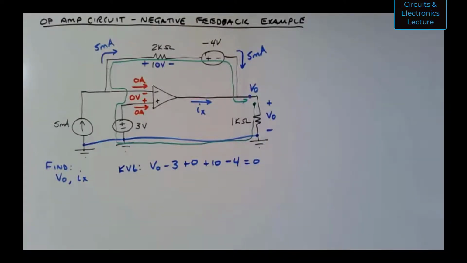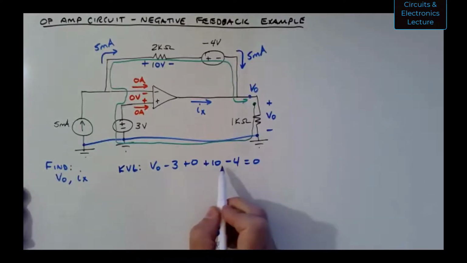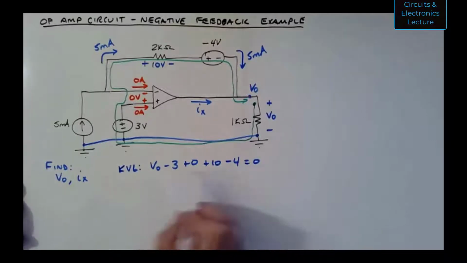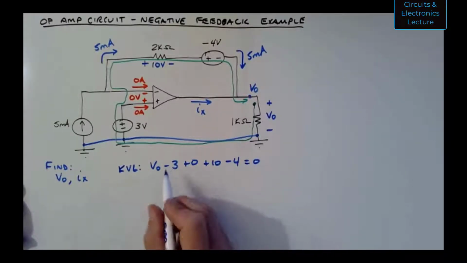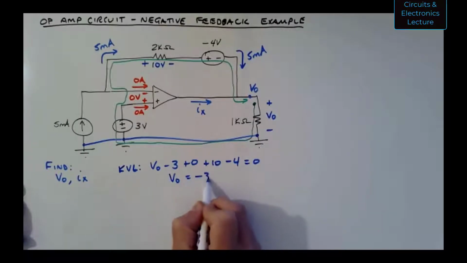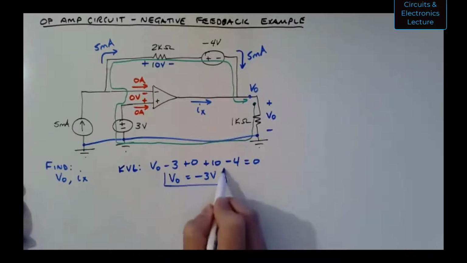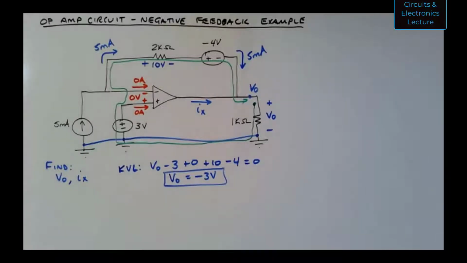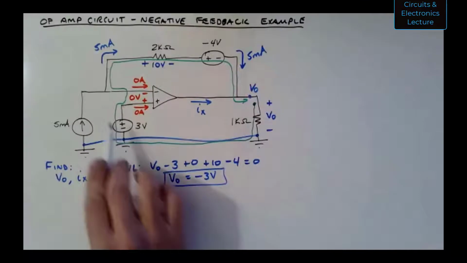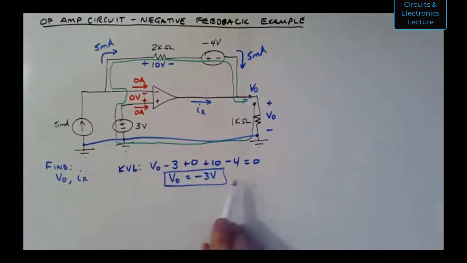Okay, and if I do this right, I have 10 minus 4 is 6, minus 3 is 3. I think I have VO equals negative 3 volts. So I've just solved for VO. Are there any questions on that? How I got any of these fill-in voltages and currents, or how I wrote this KVL, or anything about that?